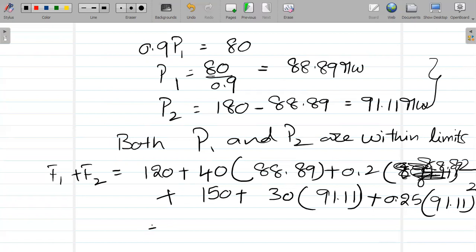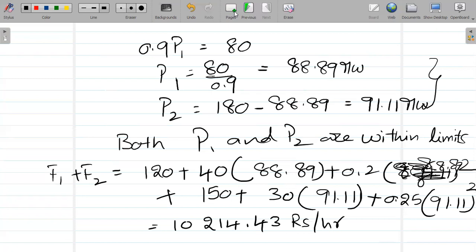So you will get 10,214.43 rupees per hour. So this is the total fuel cost according to the economic operating schedule. Now see the other case.